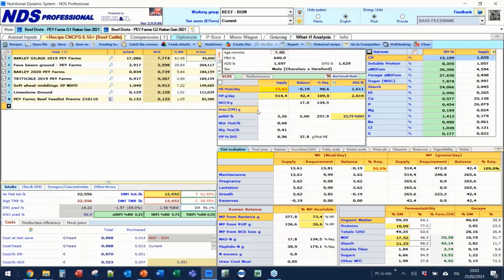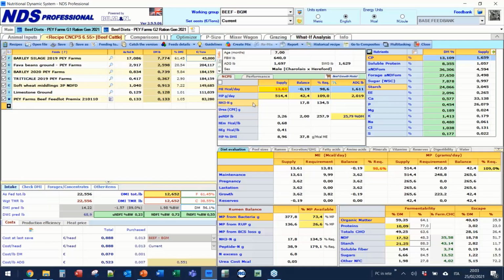I want to know if I add urea or not in the diet. I would like to monitor the physical effective NDF, mainly for finishing cattle where the forage level is very low, and I want to have the minimum of physical effective NDF. And then some parameters that sometimes I check: net energy for maintenance, net energy for growth, and the amount of metabolizable protein as a percentage of dry matter intake, and as a ratio on metabolizable energy.